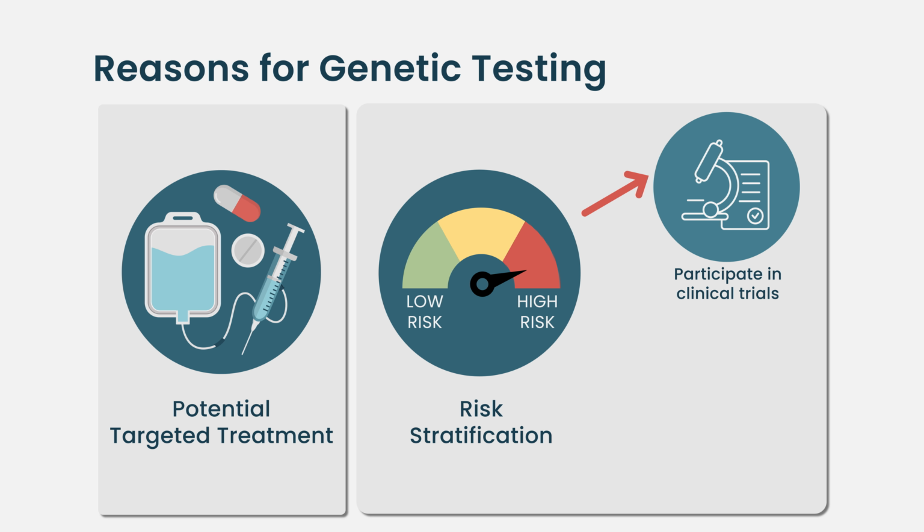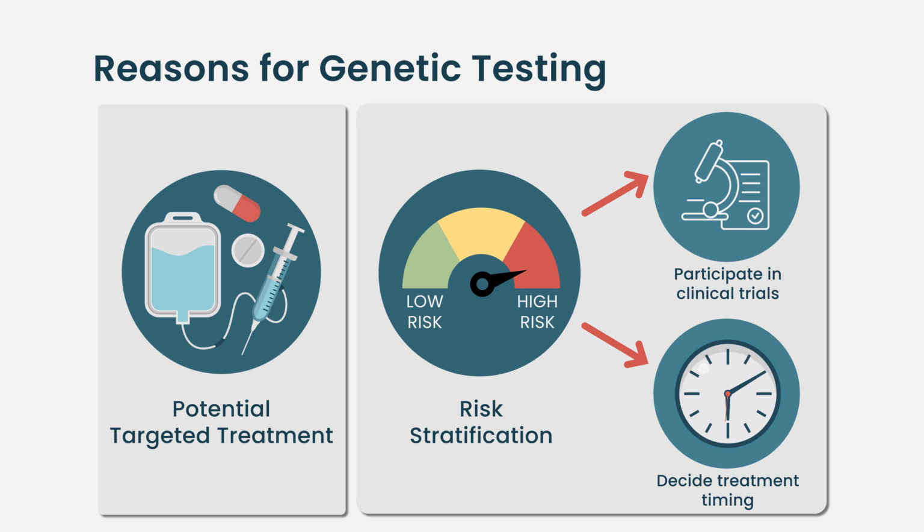Another way would be if someone has a very aggressive MDS with a mutation that we know can cause aggressive MDS, then we may choose to treat that patient earlier and in a more aggressive manner. Whereas if you don't have that mutation, then we may sometimes even just watch without any treatment.